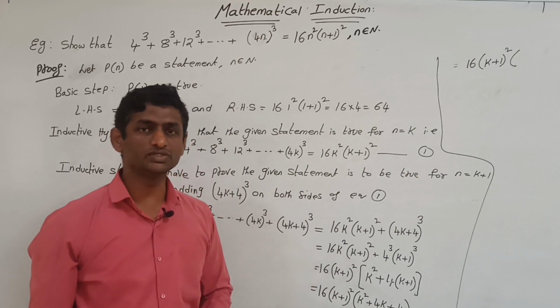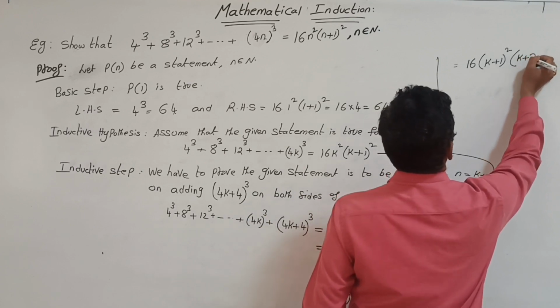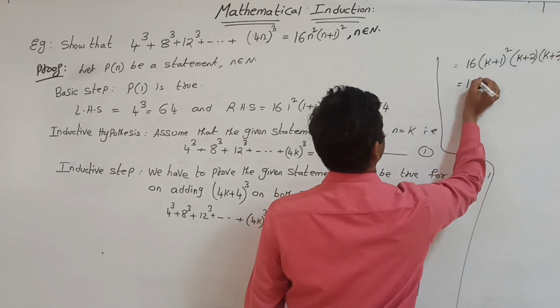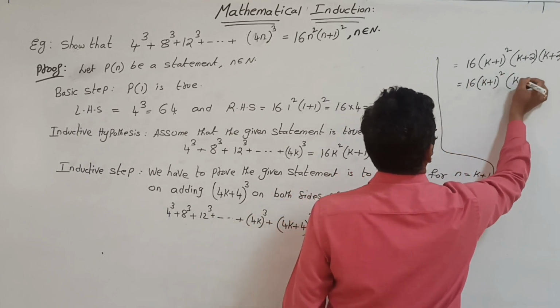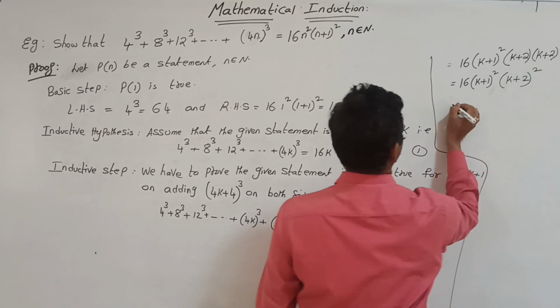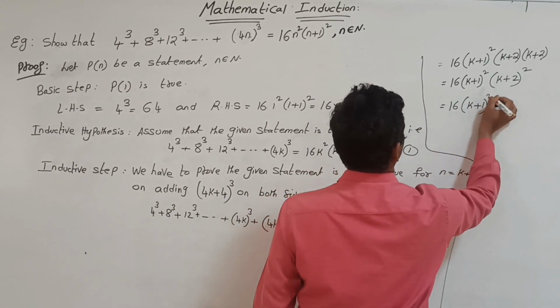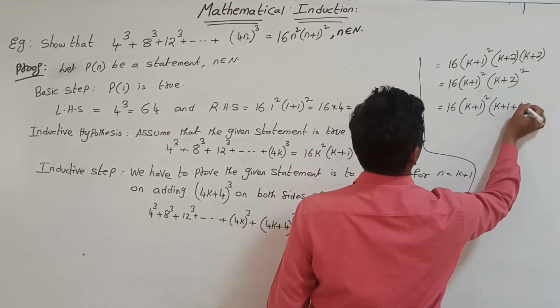We can factorize, and this gives k plus 2 into k plus 2. So 16 times k plus 1 whole square into k plus 2 whole square, or we can write 16 times k plus 1 whole square, with k plus 2 written as k plus 1 plus 1 whole square.